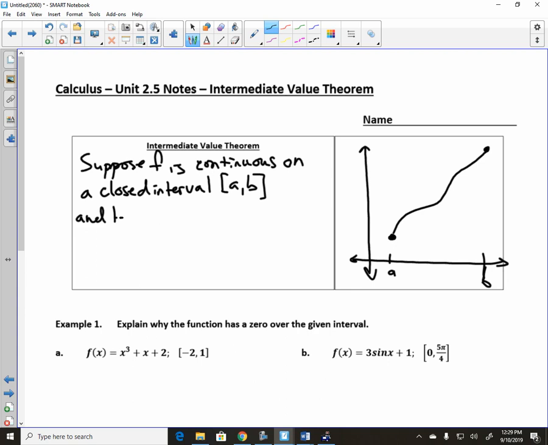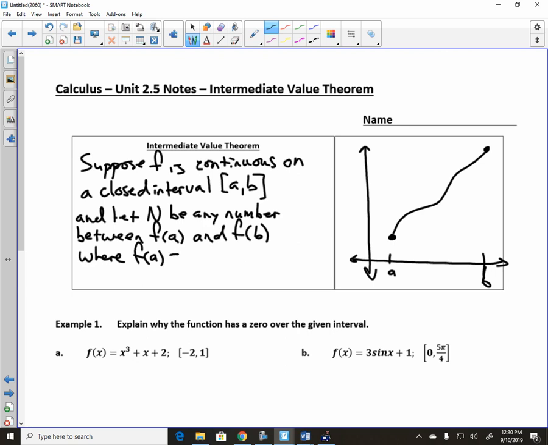And let n be any number between f of A and f of B, where f of A is not equal to f of B. What does that mean?